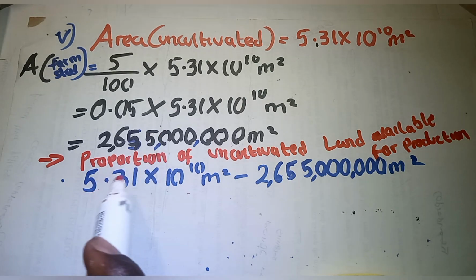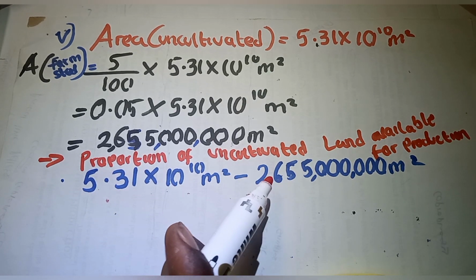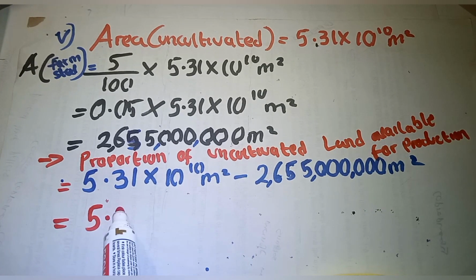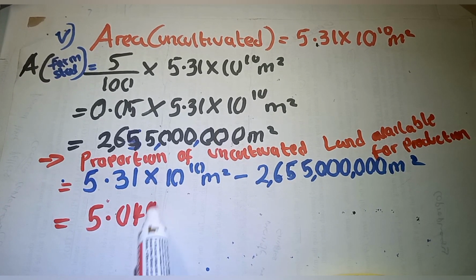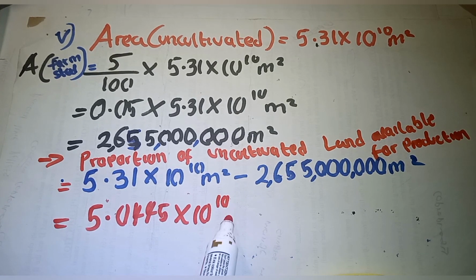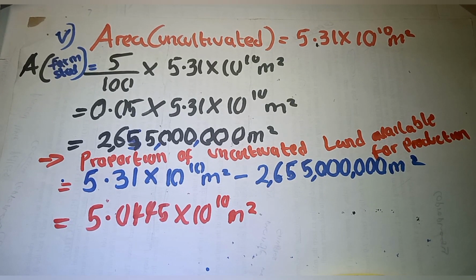That is the total uncultivated land minus the area that has been used to construct the farmstead. You get it? So after subtracting, I realized that the value is 5.0445 times 10 raised to the power of 10 meter square. So this is the value of the proportion of the uncultivated land available for production.